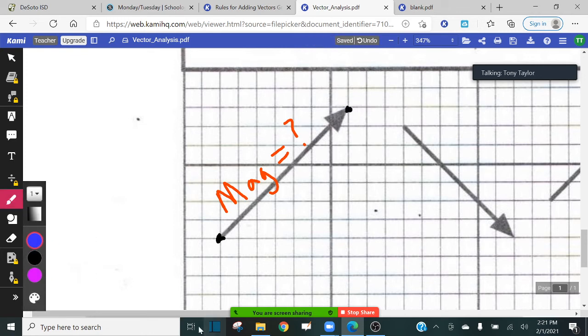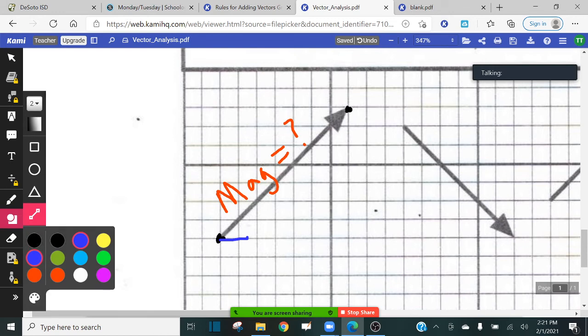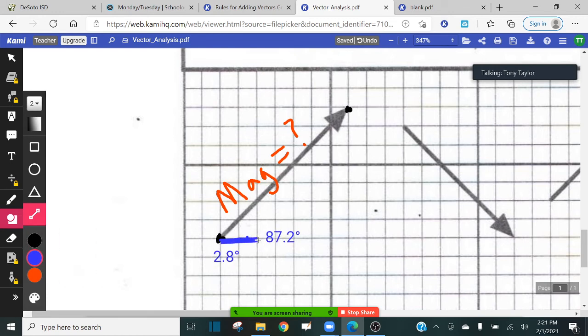So in other words, let's see. I go 1, 2, 3, 4, 5, 6, 7. Okay, so I move 7 squares in the x direction.